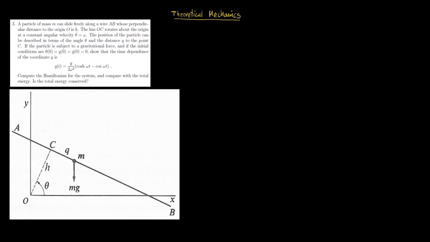So what we are going to do is to find the position of the particle, the r vector. I can get it as the sum of this plus this. Therefore, the position vector of the particle will be first this here, which is h times cosine theta, sine theta, plus q, the distance between the point C and where the particle is, times a unit vector.